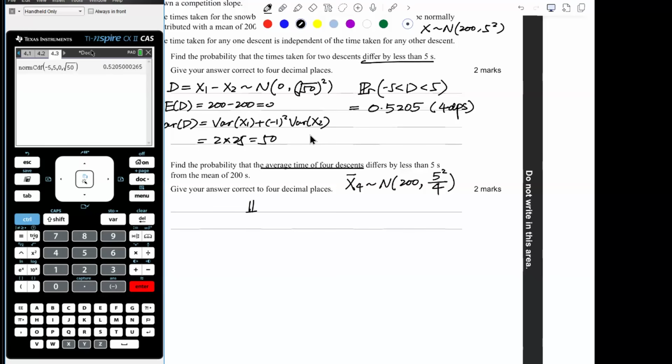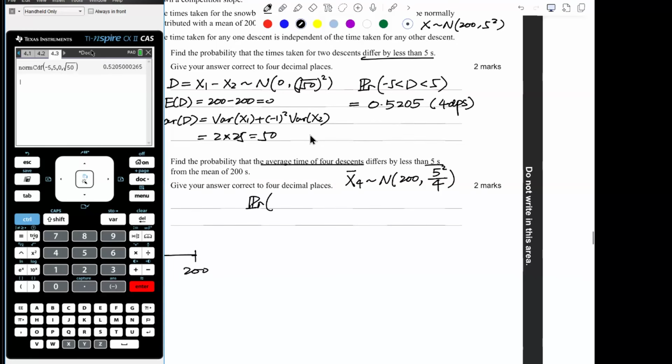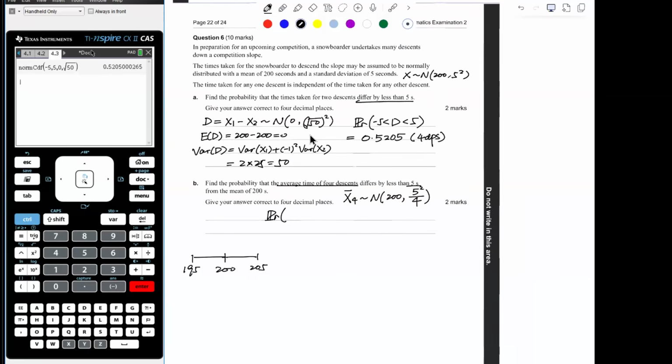Now, if it differs by less than 5 seconds from the mean, this is the mean value 200, differ by 5, that would be 195 backwards, or 205 forward, okay? So it's two-sided. Therefore, I would like the X bar to lie between 195 and 205.